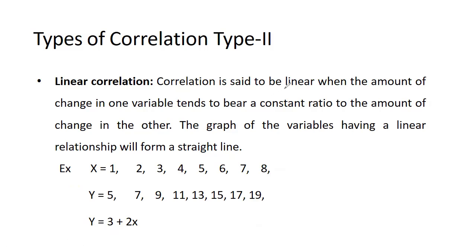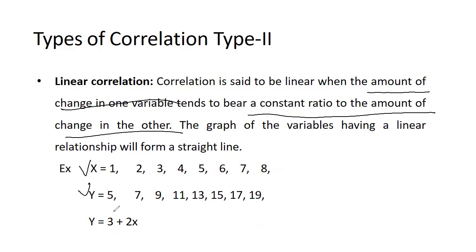Correlation is said to be linear when the amount of change in one variable tends to bear a constant ratio to the amount of change in the other. For example, there are two variables x and y, and this is my equation. The x values are 1, 2, 3, 4, 5, 6, 7, 8, and the y values are 5, 7, 9, 11, 13, 15.